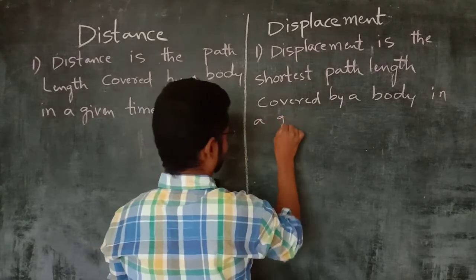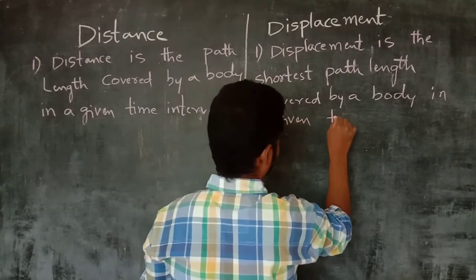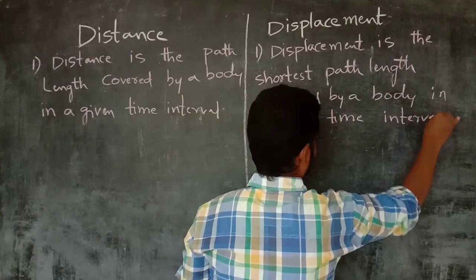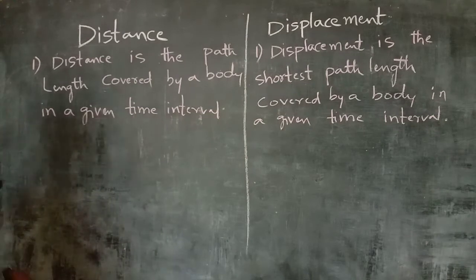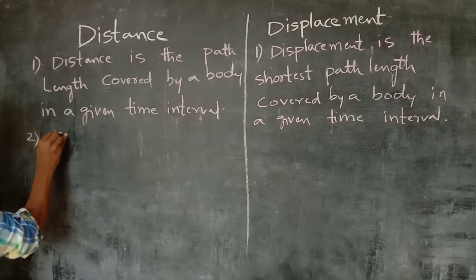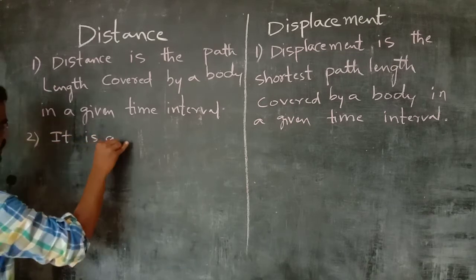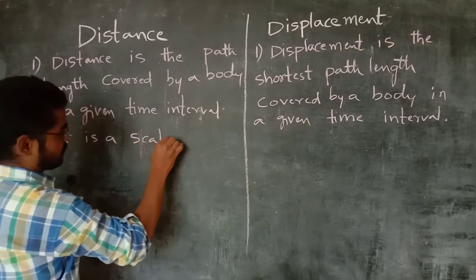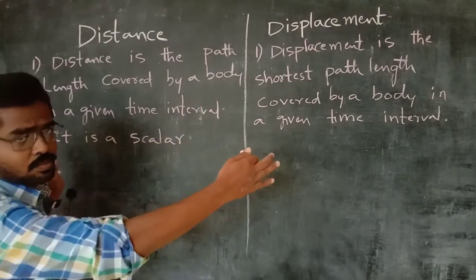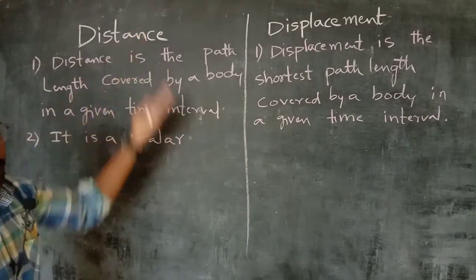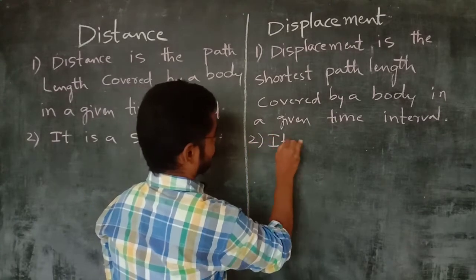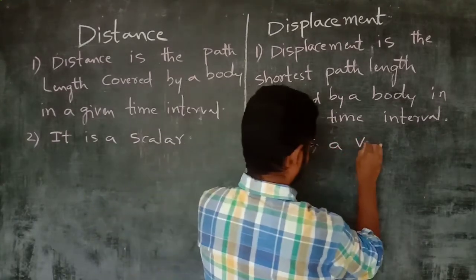For distance we will not consider direction, so it is a scalar quantity. For displacement, strictly we will follow the direction. You have seen towards right positive, towards left negative, towards up positive, towards down negative. So it is a vector quantity.